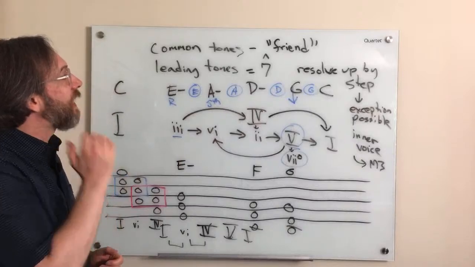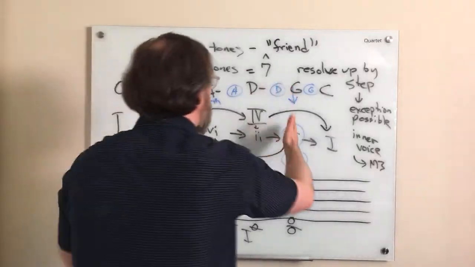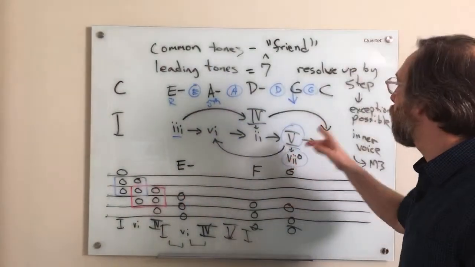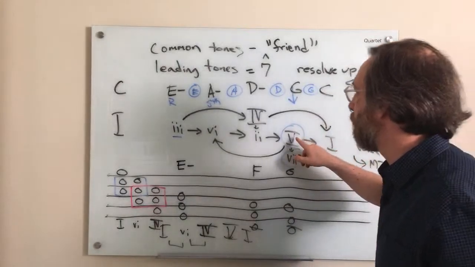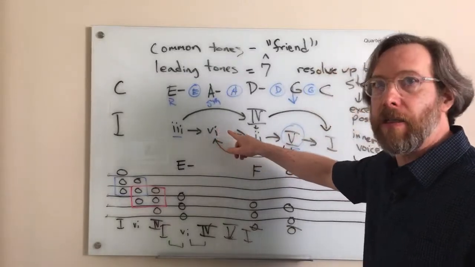What is the role of leading tones in the chord progression map? Well, the leading tone does have a role. It's what drives you back to tonic. The only exception is when you have what's called a deceptive resolution, where 5 goes to 6.